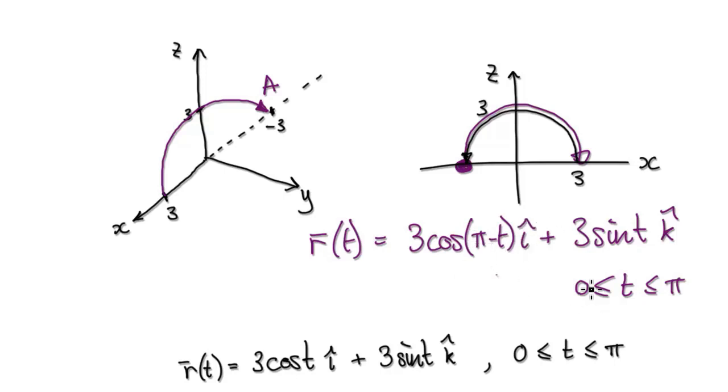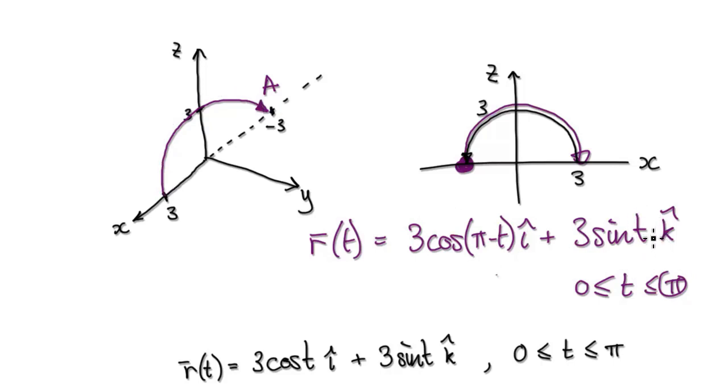So now when t is 0, you can see that cos pi will start here, and then by the time it gets to pi, pi minus pi will be 0. So by doing this, you're really starting from here, and then eventually you get to here, and then change this as well.